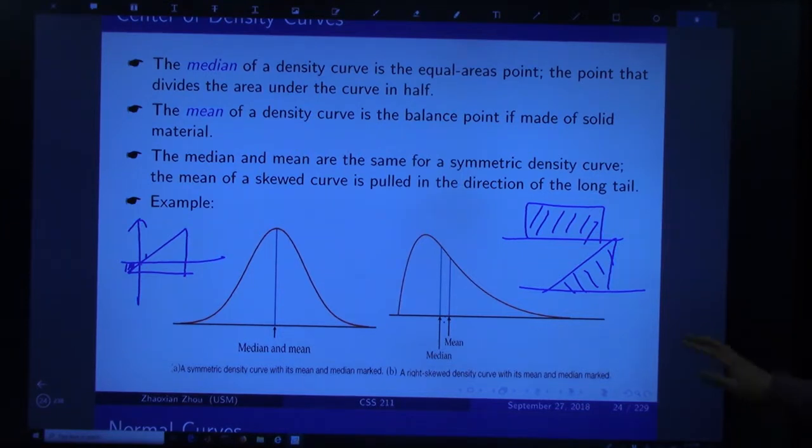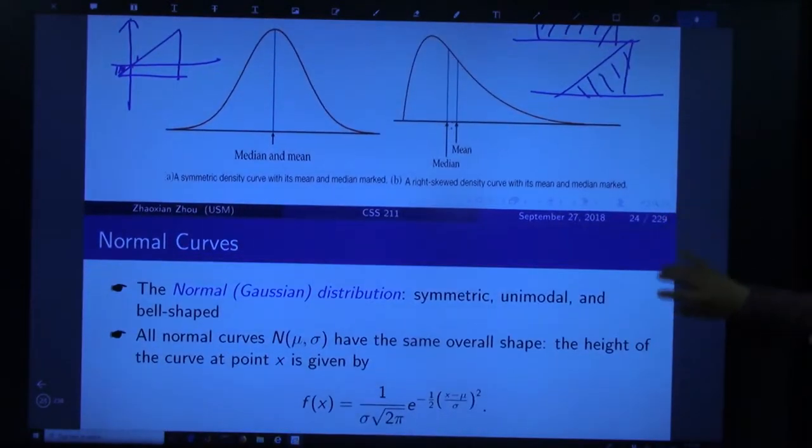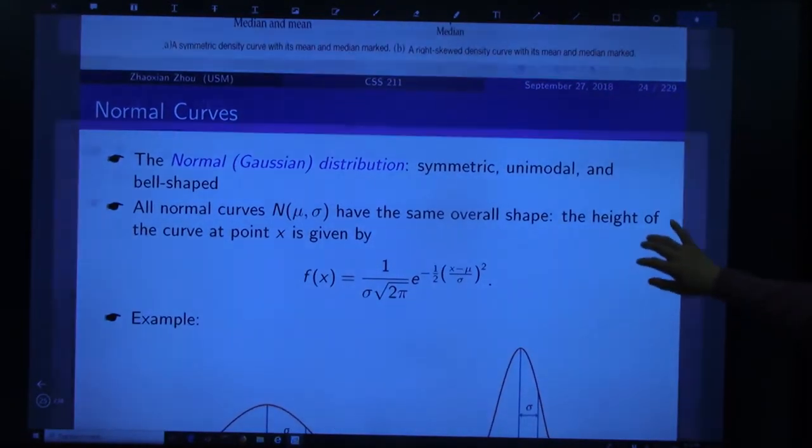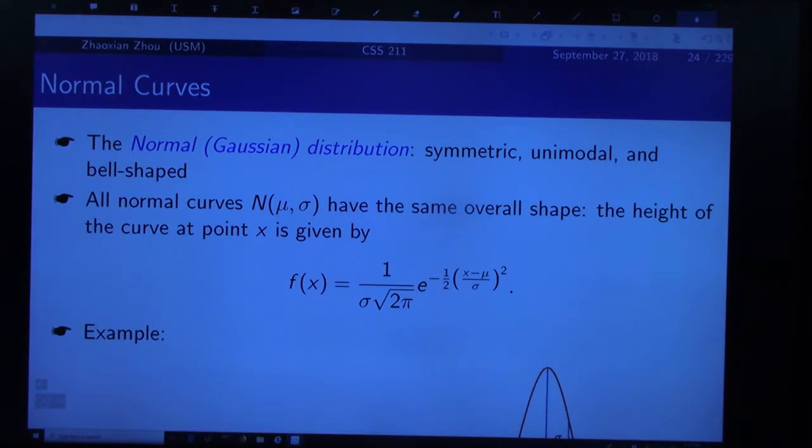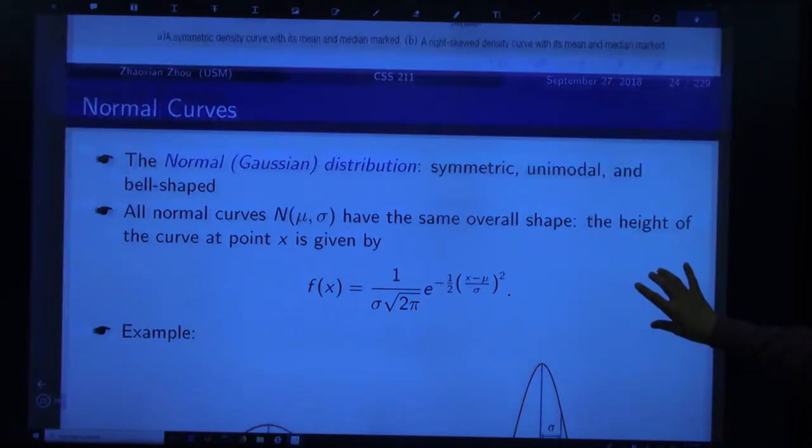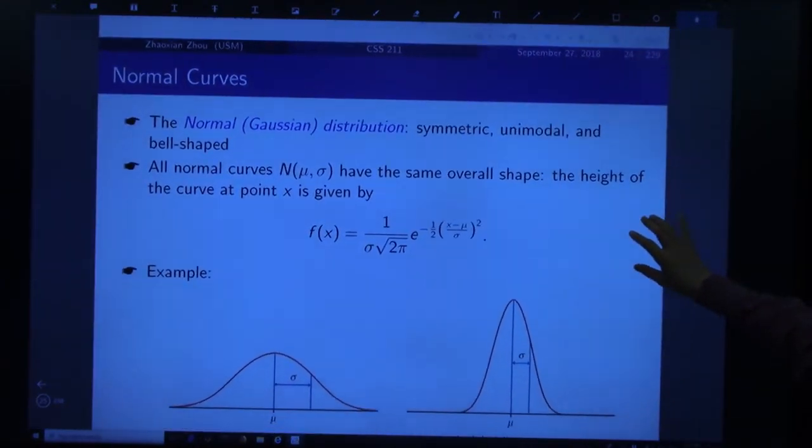As we know, we have a lot of density curves, and we can only discuss the most typical, the most important, which is called normal curves. Normal curves are also called Gaussian curve, Gaussian distribution. It is symmetric and unimodal.